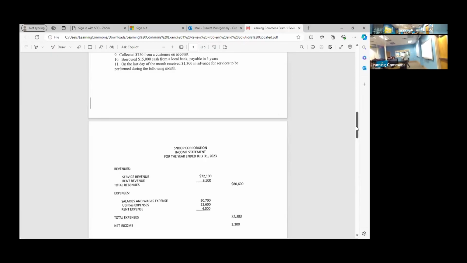When you're doing accounting, you do want to break your revenues down. You may have sales revenue, service revenue, rent revenue, or interest revenue, but you always break them down because whoever reads the financial statements needs to know where the revenue is coming from. And you say, well, why is that important?